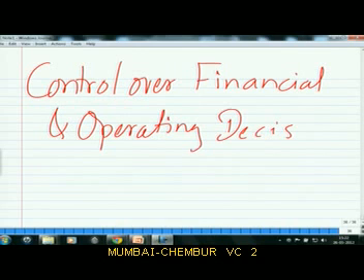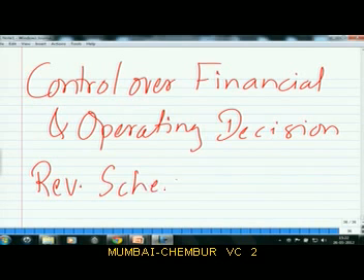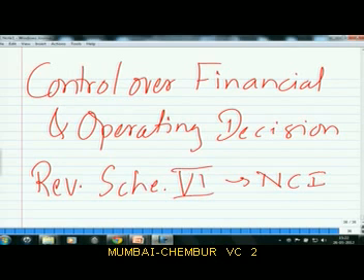The body which takes control over the decisions, who has the control over decisions, should be called the holding company. And I am happy to see that the revised Schedule 6 has brought a concept of non-controlling interest, thereby accepting the concept of controlling entity over subsidiary.